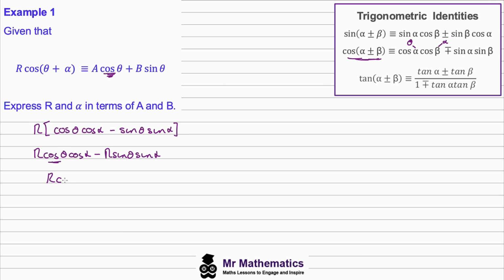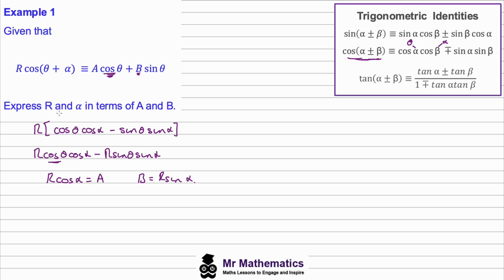So we'll say that r cos alpha must equal the A term. What do you think this B term will equal? So the sine theta will match up with this sine theta. So the B term must be the r sine alpha term, okay?